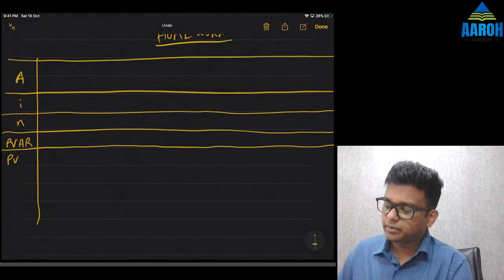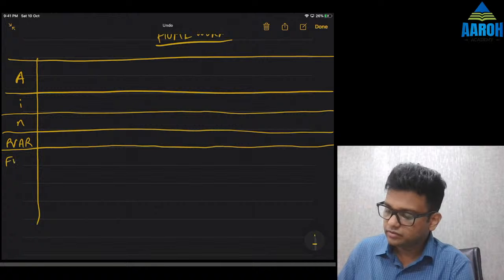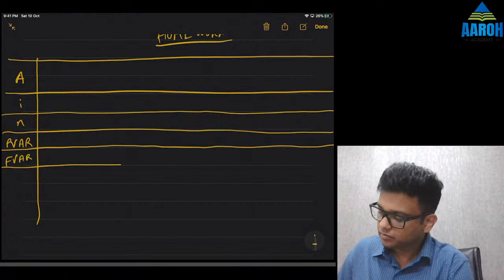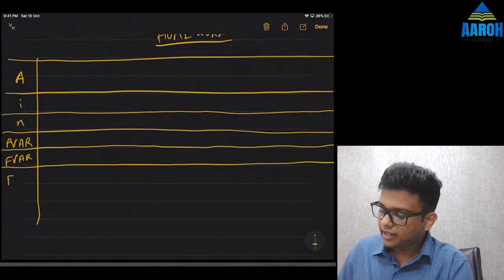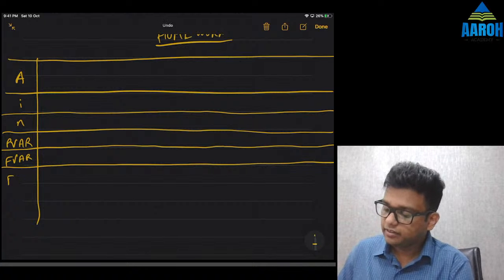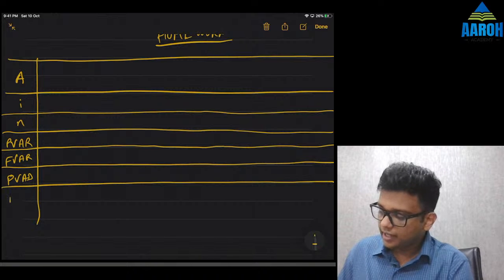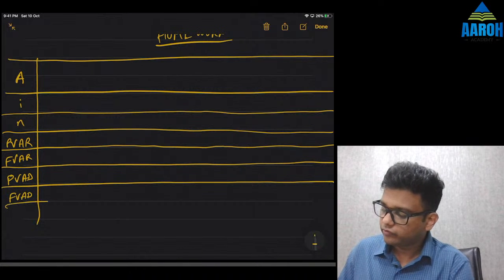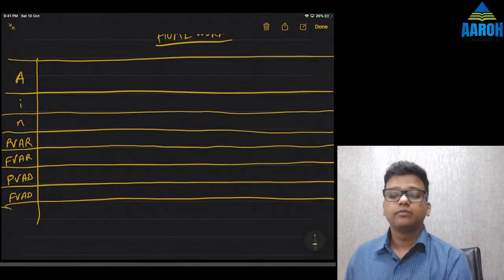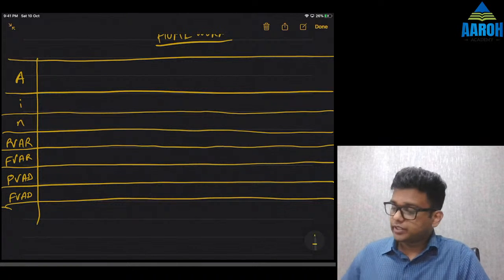Now let me write sequence by sequence. FVAR first, then PVAD, and then FVAD. Concentrate how the question is going to be.